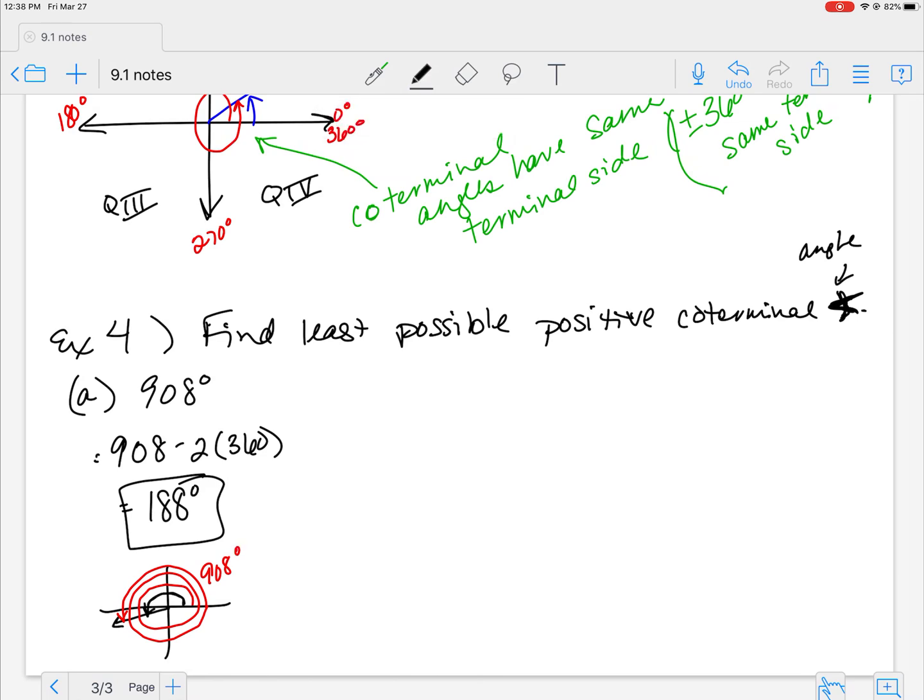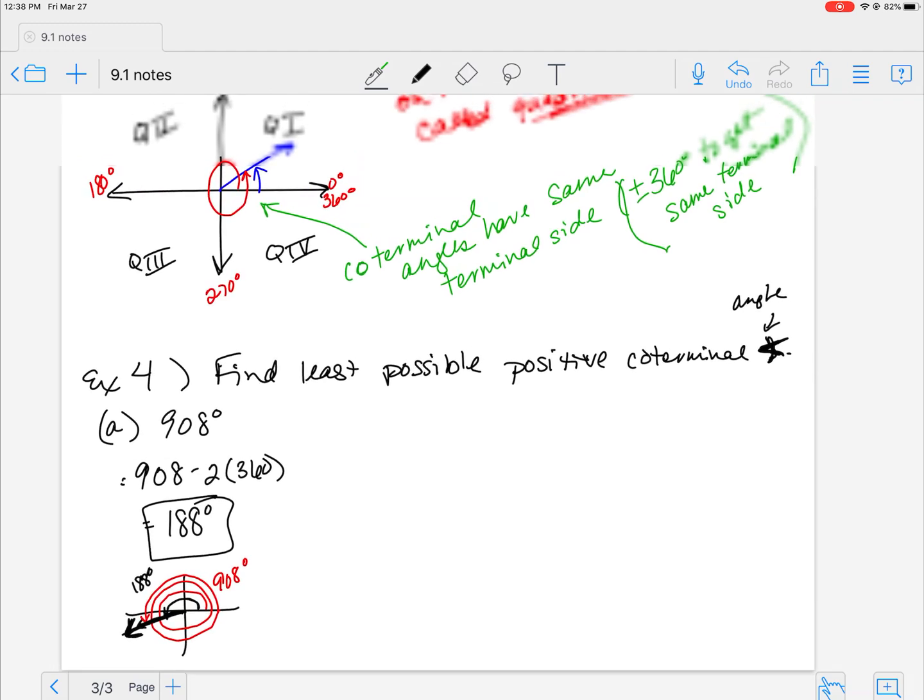So the red one is the 908 degrees. The black one here, to get this side, the same terminal side, the black one is your 188 degrees. Do you see what I'm saying?